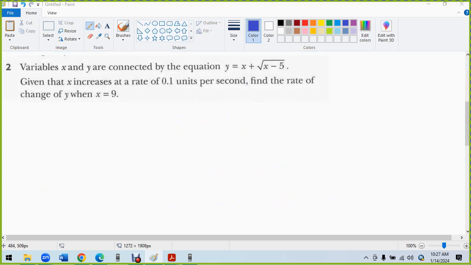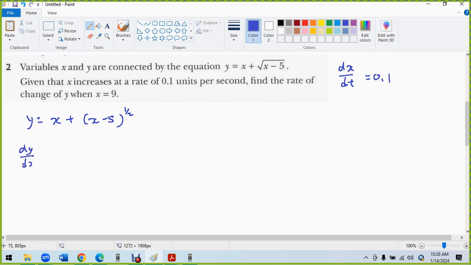So question number 2, y connected by this one. We rewrite the equation of y: y is equal to x plus (x minus 5) to the power of half. x increased at the rate of 0.1, so dx/dt is 0.1. Find the rate of change of y when x equals 9.